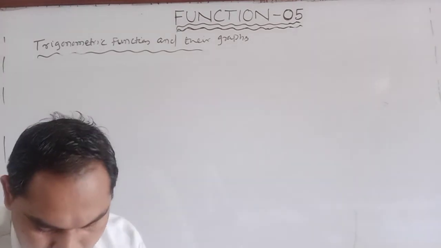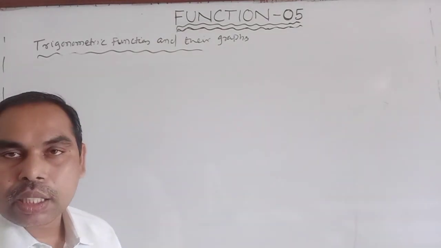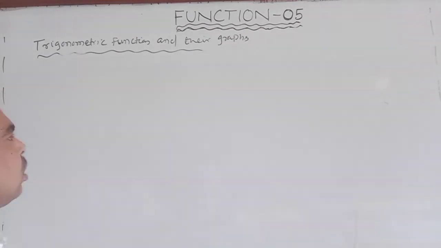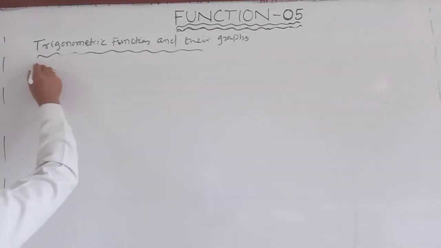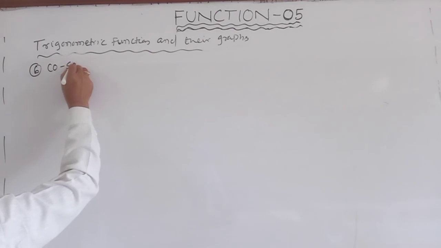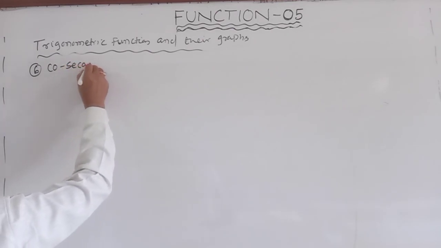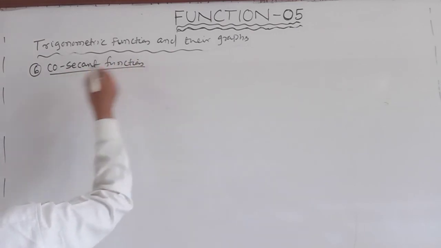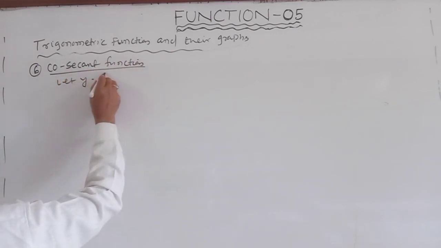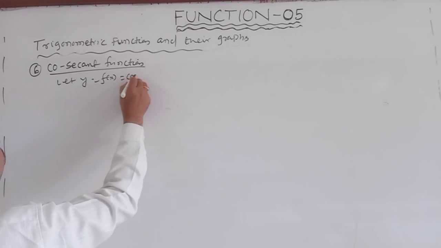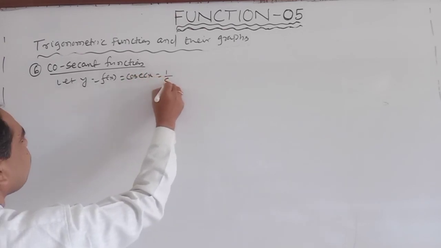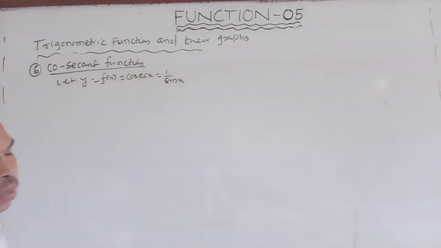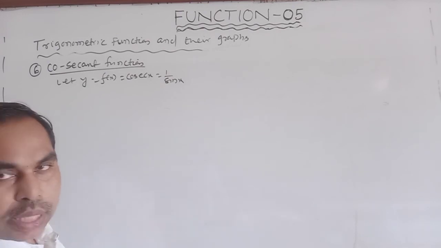Next, the cosecant function. Let y is equal to f(x) is equal to cosec x is equal to 1 by sin x. When sin x is equal to 0, cosec x is not defined.